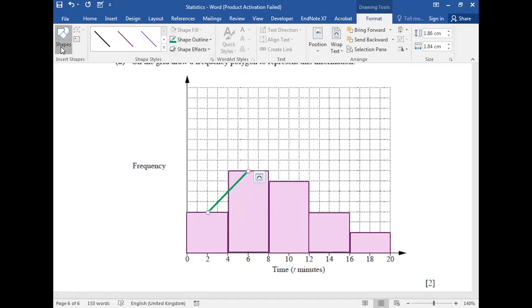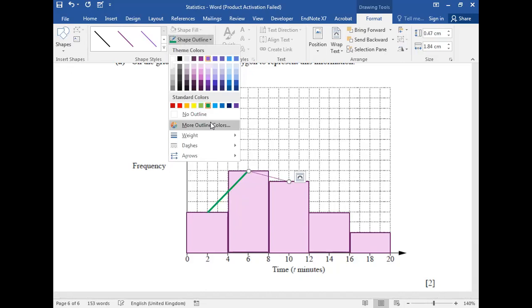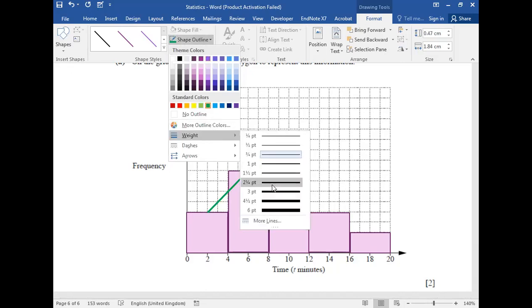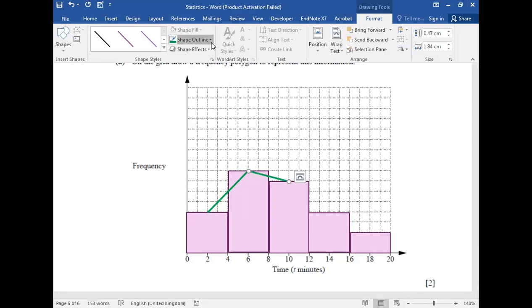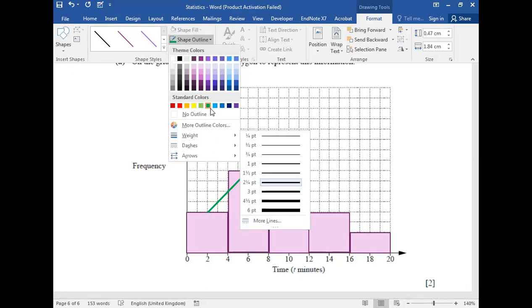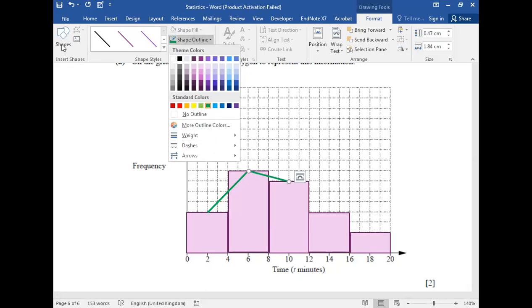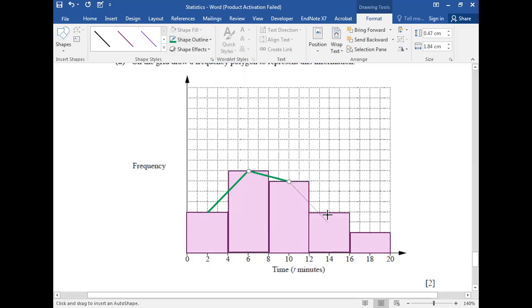This is called frequency polygon, in which in short, अभी तो मैंने histogram बनाया हुआ है, but you do not need a histogram for that. Histogram की सारी जो mid values हैं और data की mid values को आप उनकी frequency से connect करते हैं, so that is called a frequency polygon.